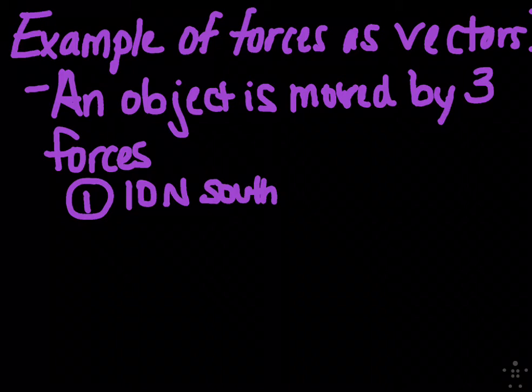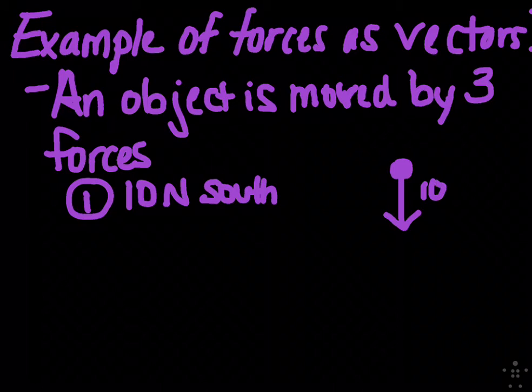So if my object starts right here, normally you would have some sort of a grid to show you how big of an arrow to draw, but this is an example, so we'll kind of eyeball it. The first force that happens moves it 10 newtons south. So we can represent that with force arrows we're using as vectors.